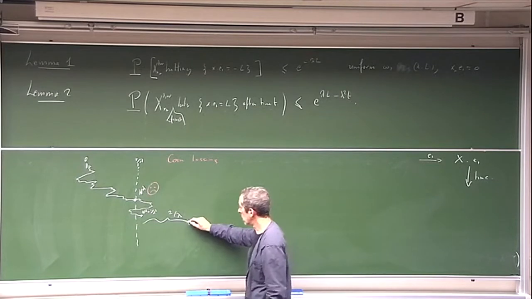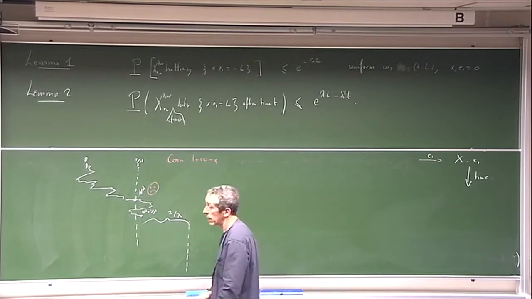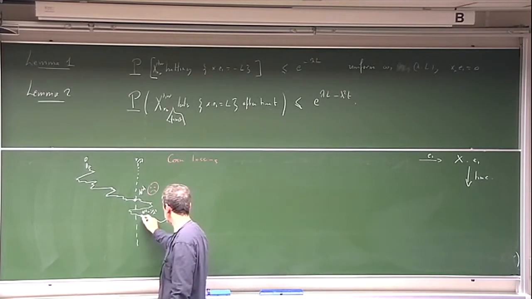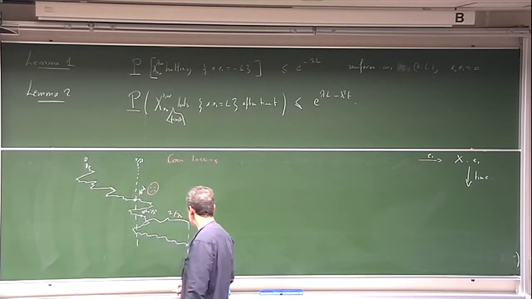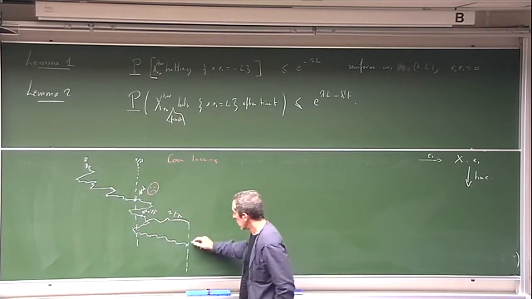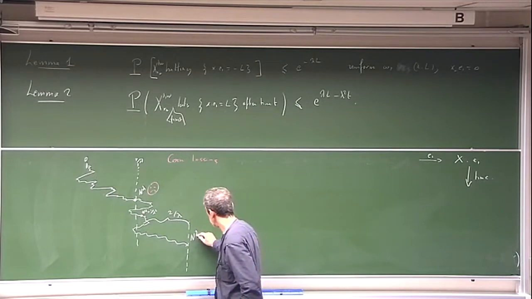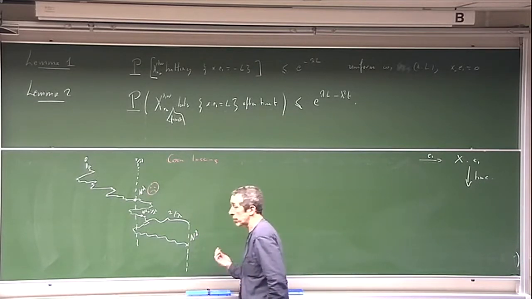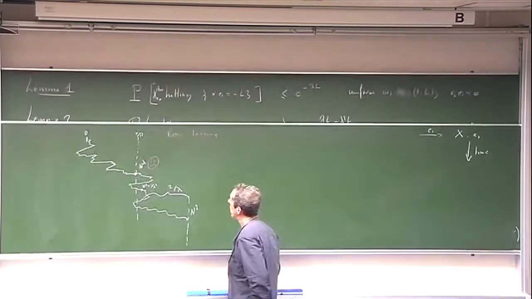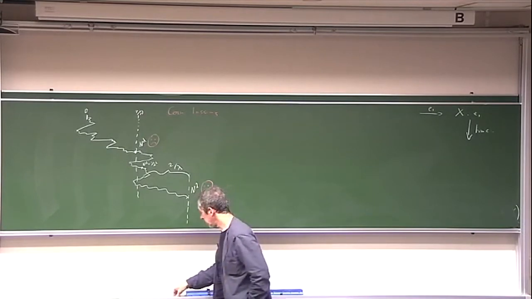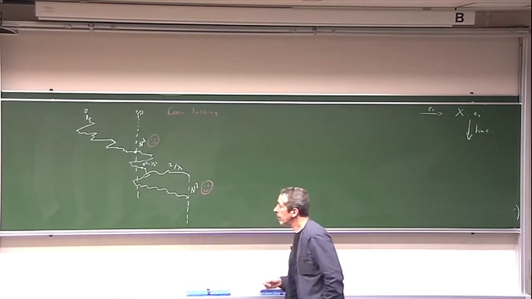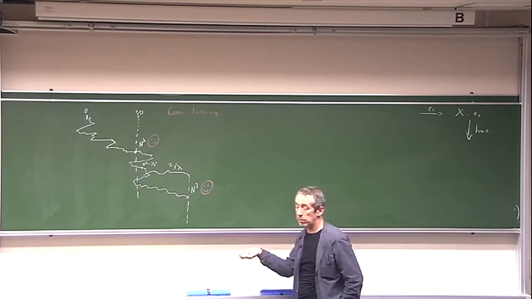Okay. Then this defines the hyperplane. And then I wait until I hit this hyperplane for the first time. And then that defines another time n lambda. And then I toss my coin. Now, let us say that this time, the result of the coin tossing is positive. So now I make this deterministic jump.